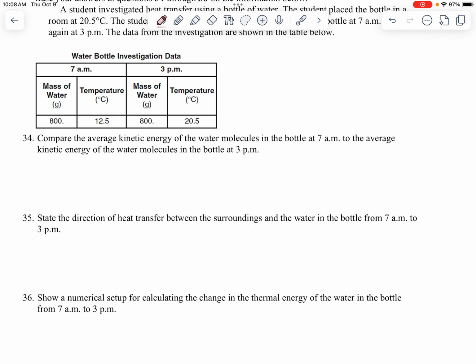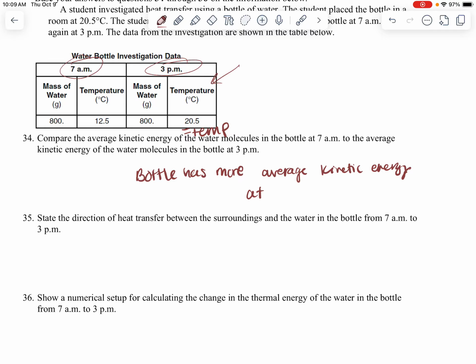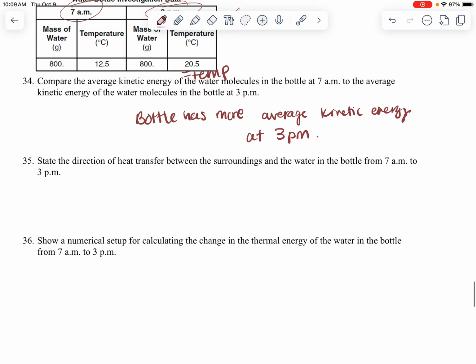All right, once again, compare the kinetic energy. Well, okay, remember that average kinetic energy equals the temperature. So where does it have more temperature, at 7 a.m. or at 3 p.m.? At 3 p.m. I think we could say the bottle has more average kinetic energy at 3 p.m. Okay, so the bottle, the water heated up.